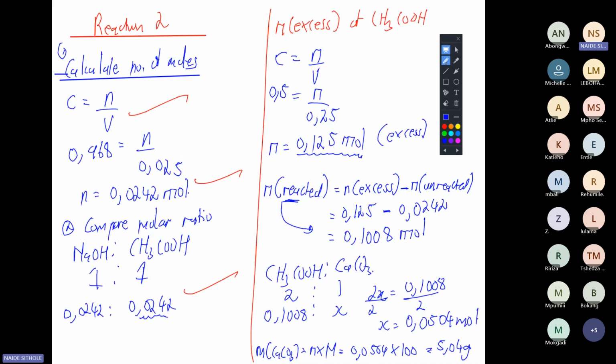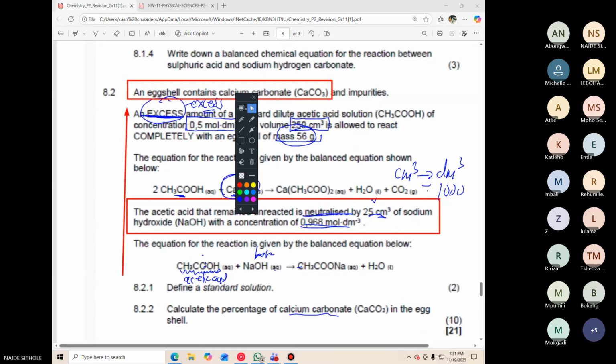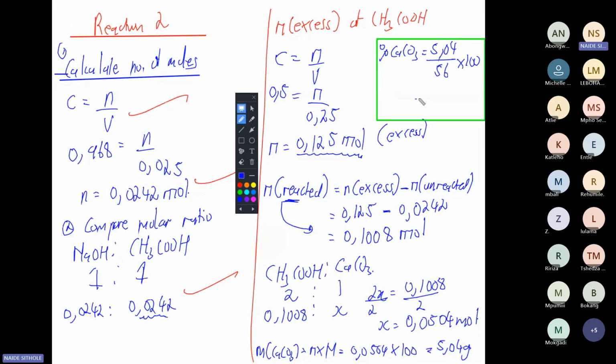And then what do we do now? We're going to say percentage of calcium carbonate is that 5.04 over 56 multiplied by 100. Then we use our calculator, we find that it's only 9%.